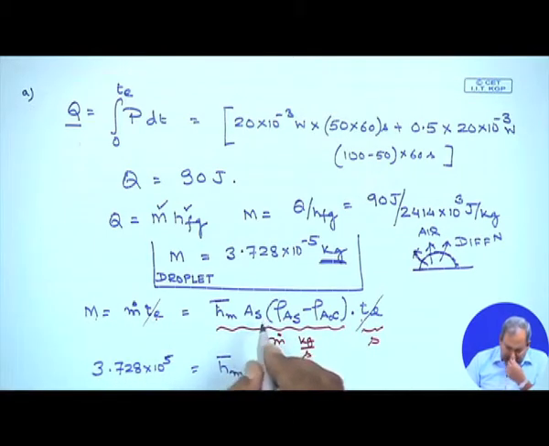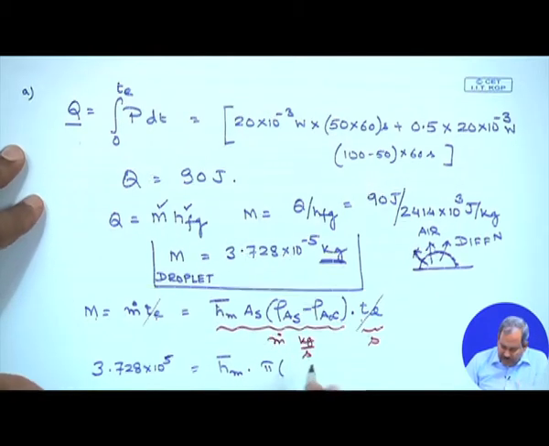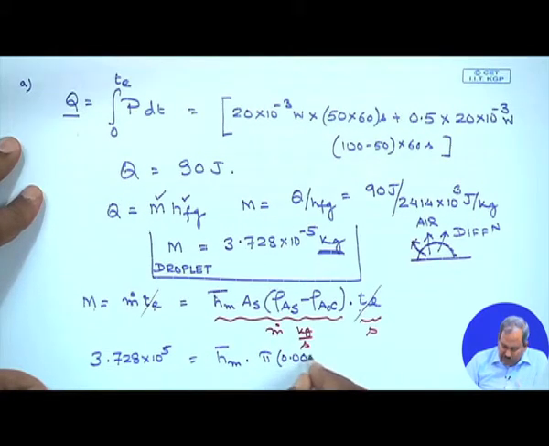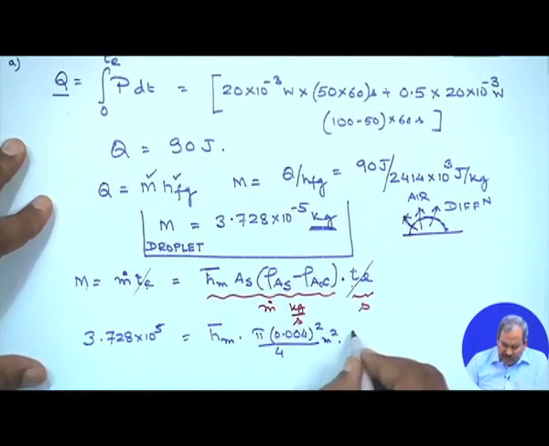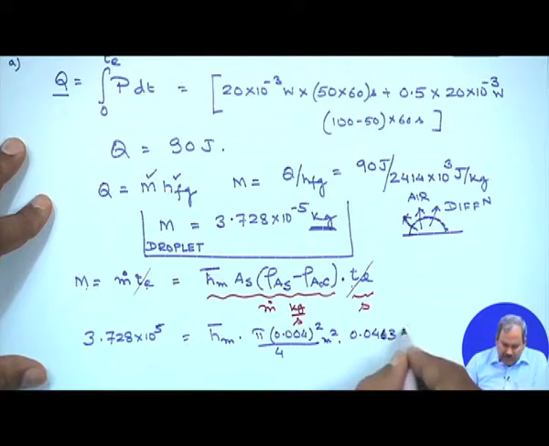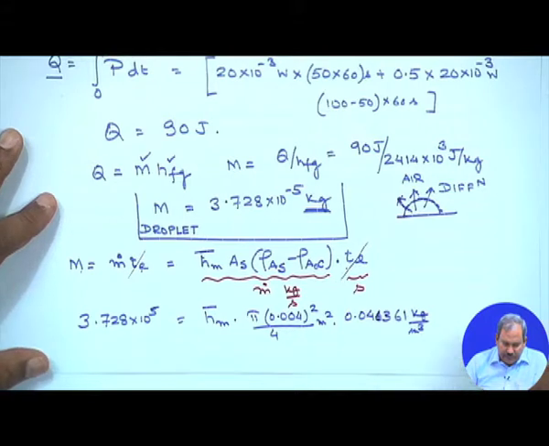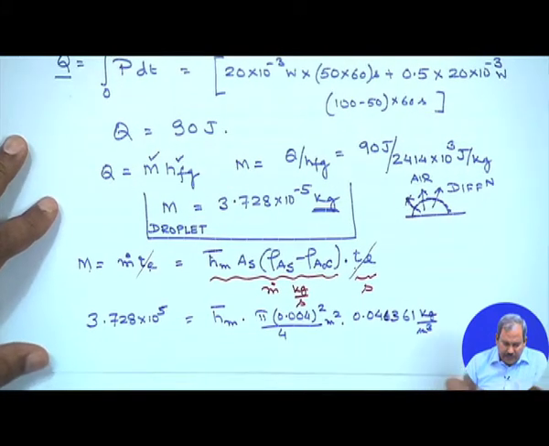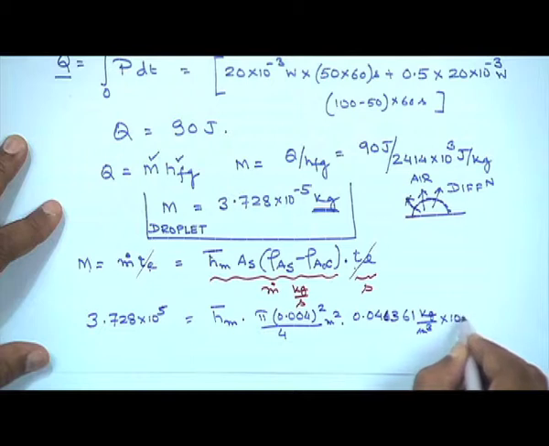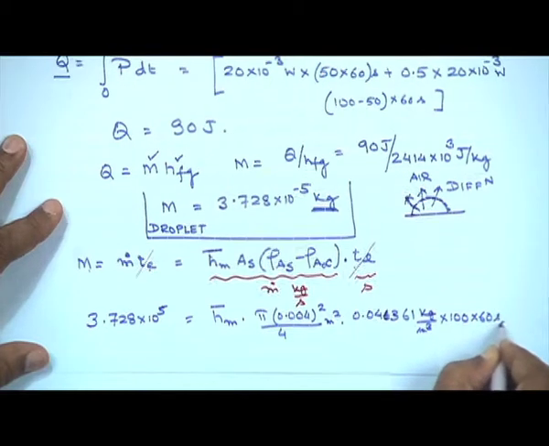The AS is the circular area. So, pi times 0.0044 millimeter square by 4, this is in meter square, and this rho AS has a value equal to 4361 kg per meter cube, and then you have this into 100 into 60 seconds.